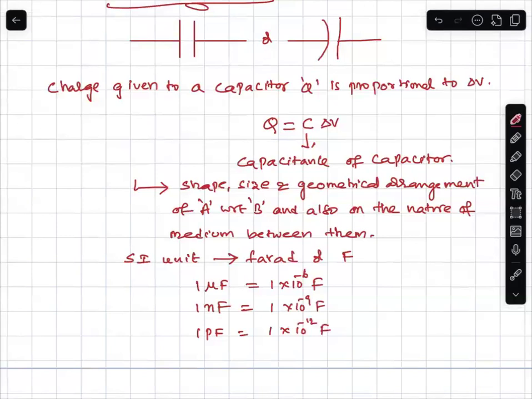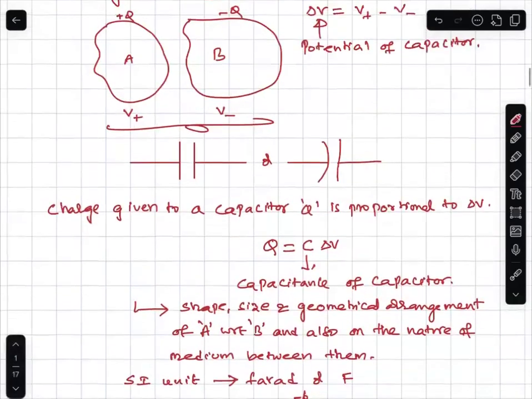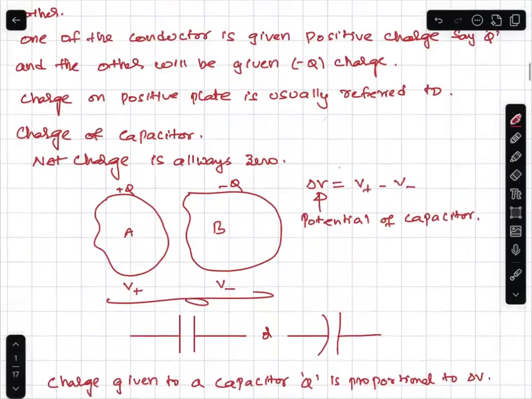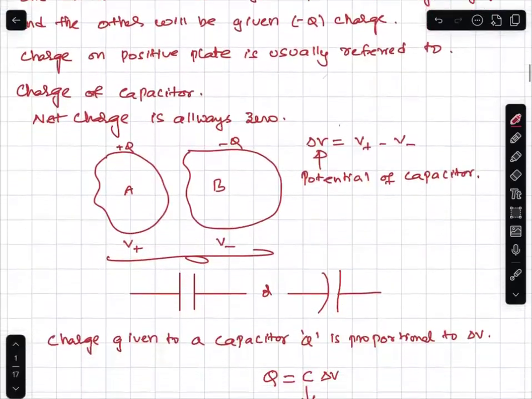I think you got my point. Any doubt till this point? So I have introduced what exactly a capacitor is.